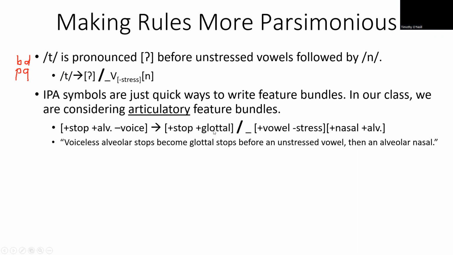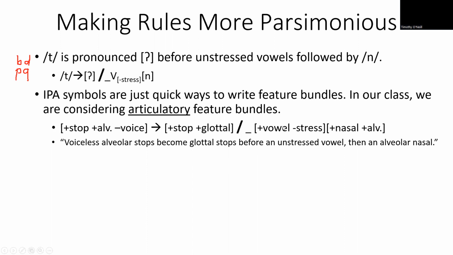Maybe you could say minus voice, although we talked about how we can't do voicing at the glottis, so maybe we don't have to say that. When you say vowel minus stress, that's just another way of saying plus vowel, minus stress. And when we say N, that's a way of saying plus nasal, plus alveolar. We don't need to say voiced because all nasals are voiced. We don't need to say stop because all nasals in English are stops.